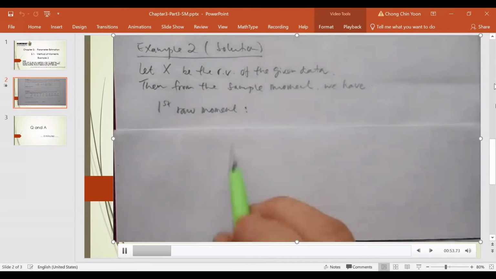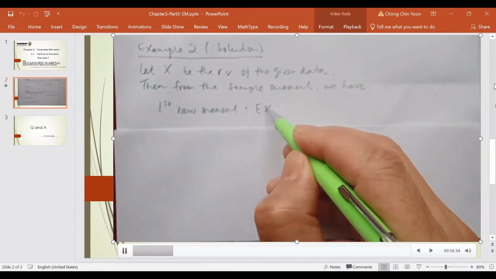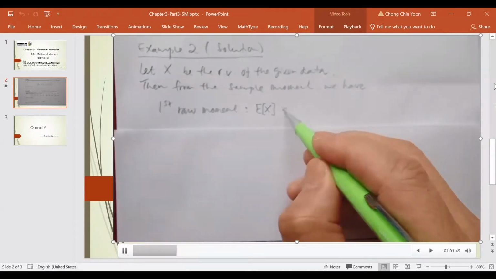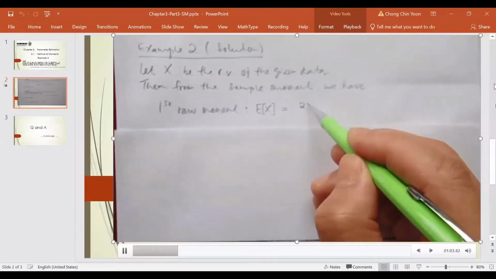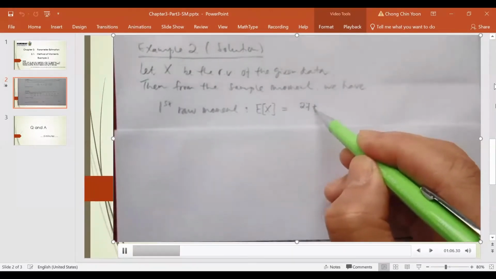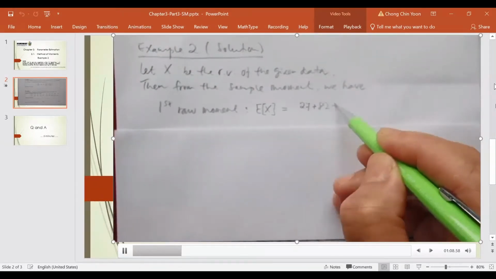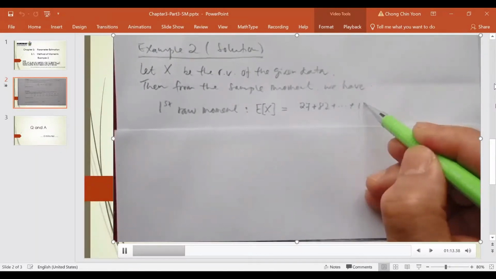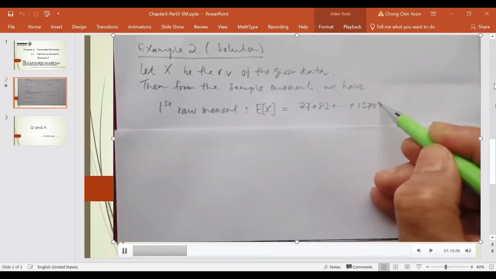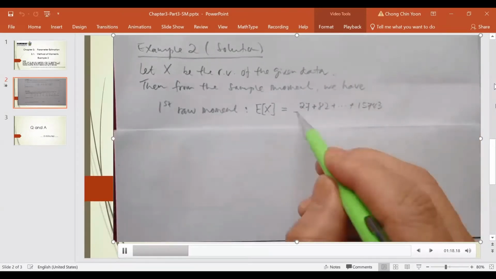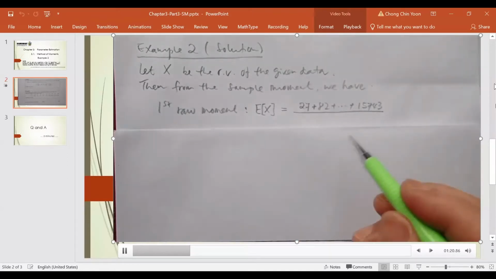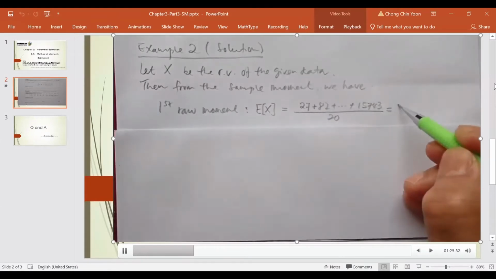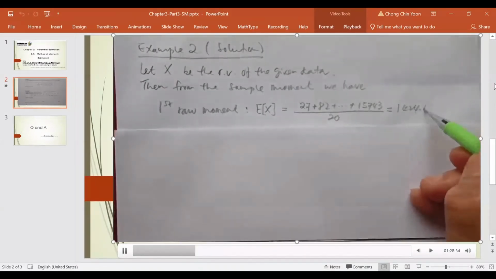For the first raw moment, we estimate it by summing up all the data, from 27 plus 82 until the last observation, that is 15743, and this total is divided by the sample size, that is 20, and we will have 1424.4.